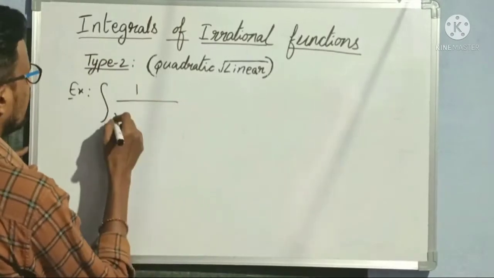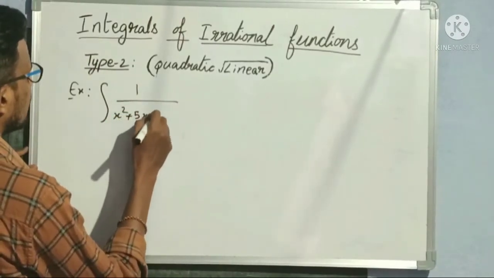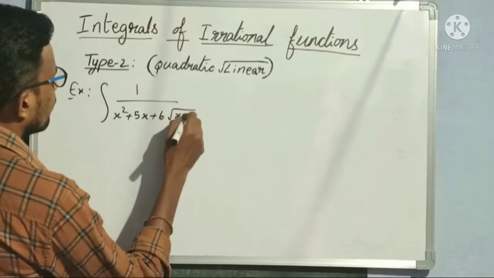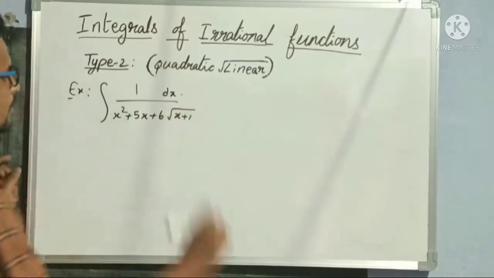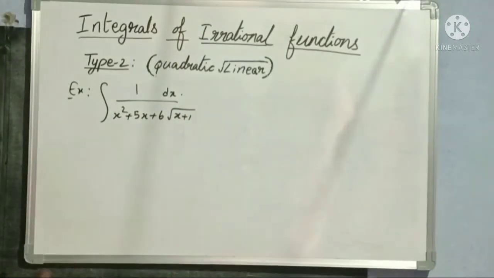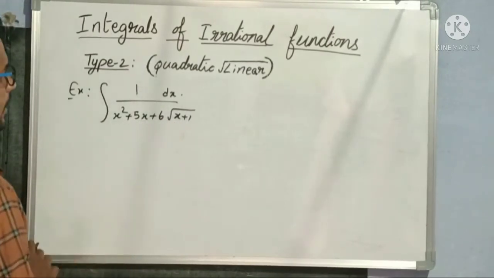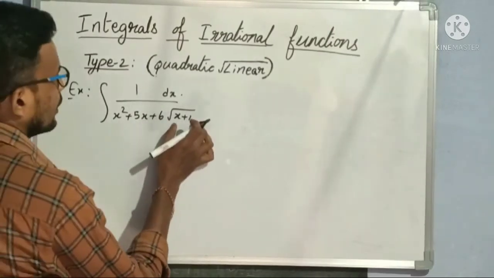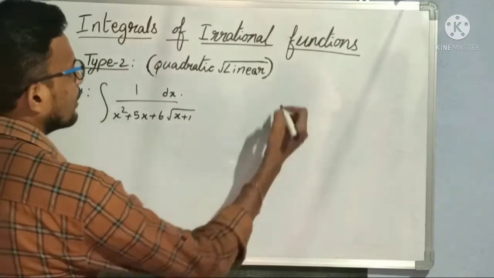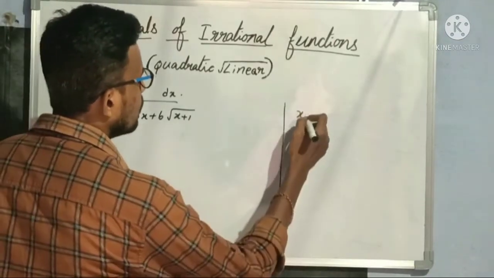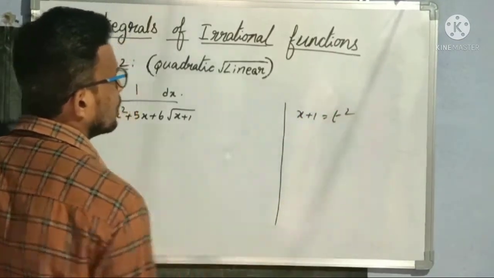Integral of 1 by x square plus 5x plus 6 under root of x plus 1 dx. This is our example. Whatever the irrational linear function is, we take as t square. So x plus 1 is equal to t square.